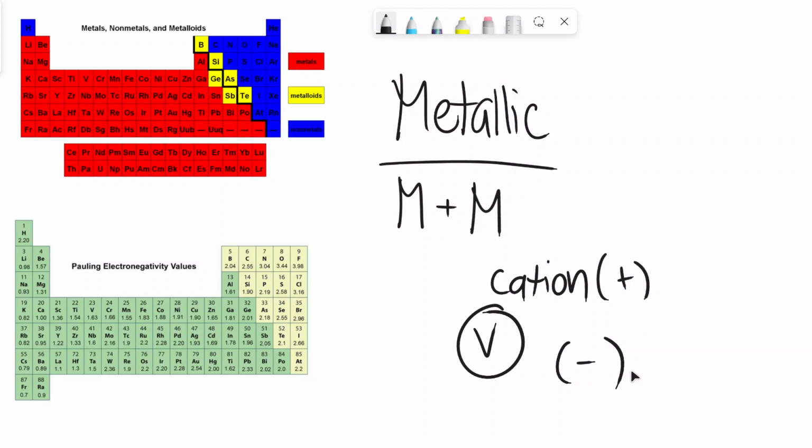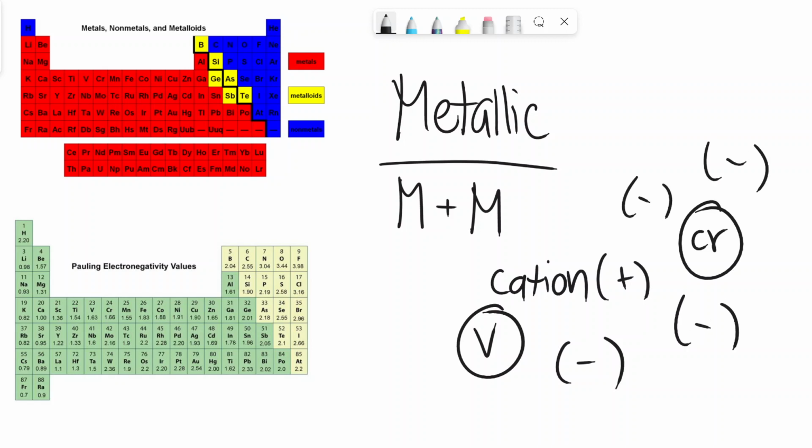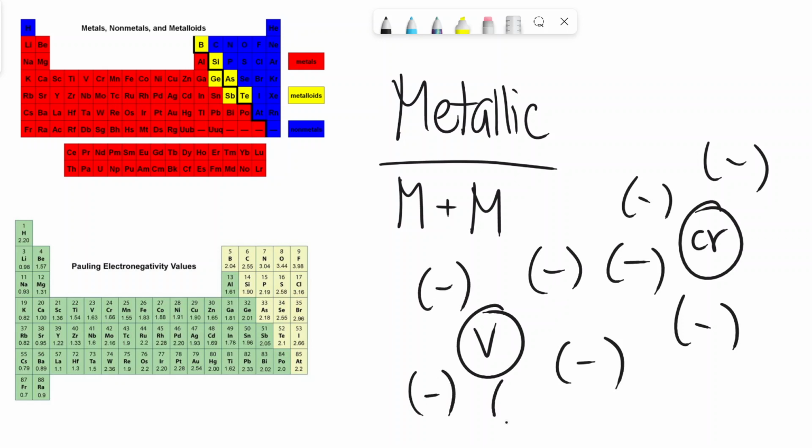So what's going to happen next is that other metals, like for example chromium, are also going to have delocalized electrons. So there's going to be a big sea of electrons between the cations, the central atoms, and the delocalized electrons, and that's what's going to hold these elements together.